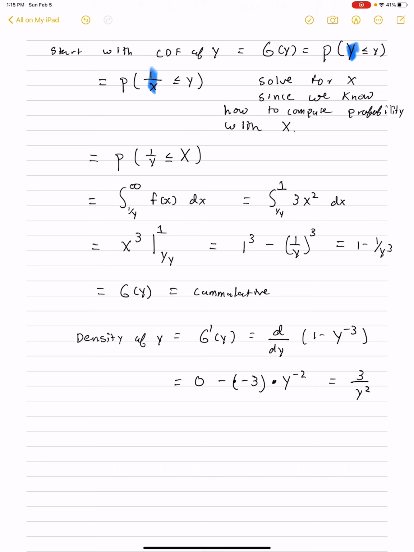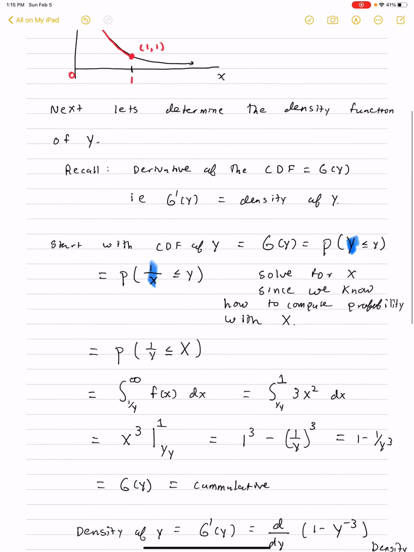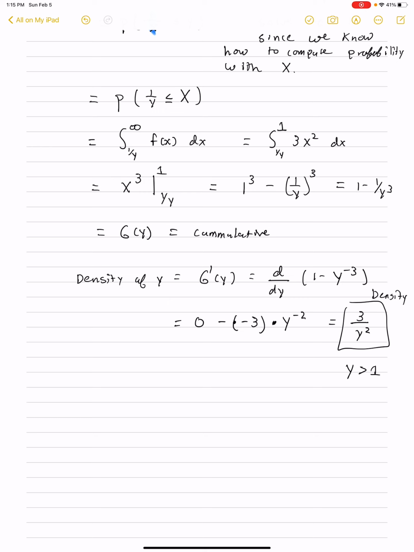And then this is the density, and we'd say for y bigger than 1, because that is the range, right? Y is between 1 and less than infinity, or just y is bigger than 1. So I found the density function, and I found the interval for which it's non-zero. So I can calculate probabilities with this density function. Thank you very much.